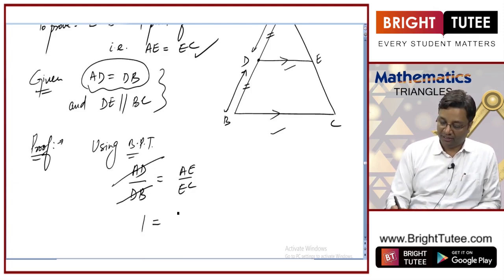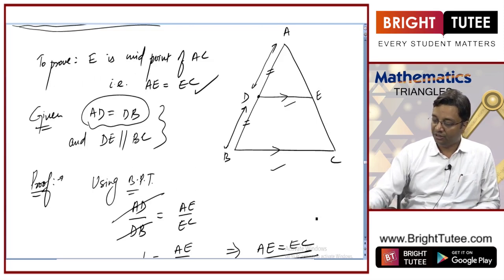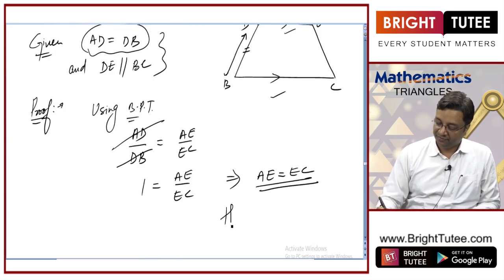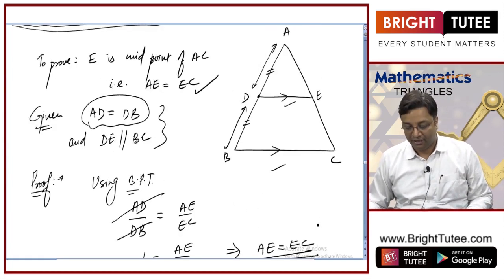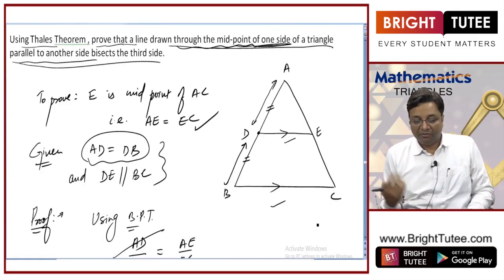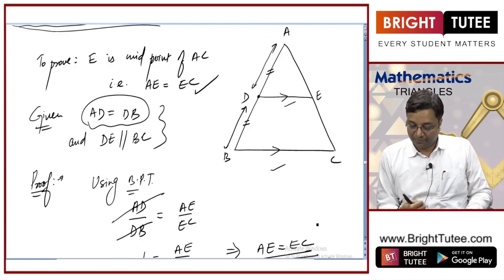So I will have 1 on the left hand side, AE by EC on the right one, which will give me the result that I am looking for, that AE is equal to EC, hence E is the midpoint of AC.